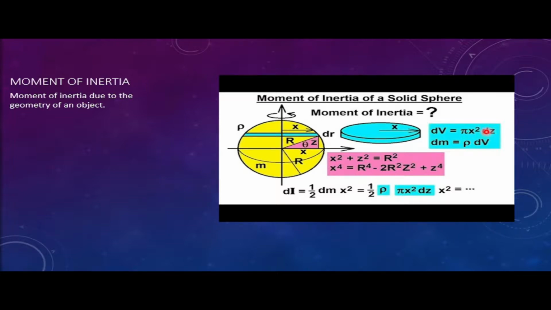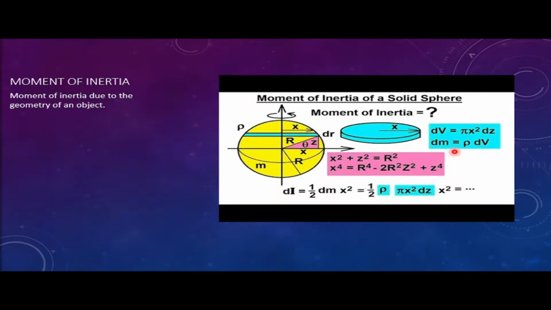And this x is just an arbitrary axis, because this one is the radius coming from the center going towards here.